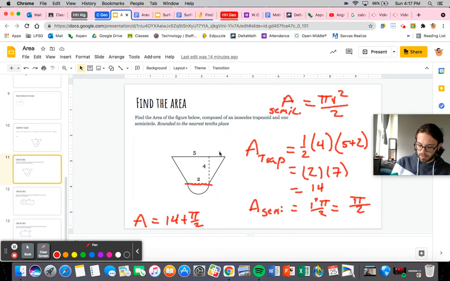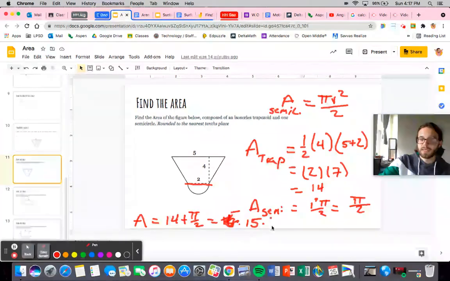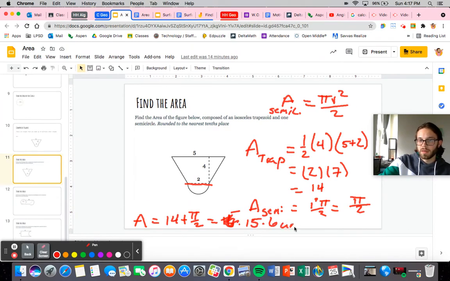So 14 plus pi divided by 2 is 15, sorry, it is 15.6 units squared. All right, so again, all I did was I took this apart, I looked at it as a trapezoid and as a semicircle, added them together, and that's how I got my answer.